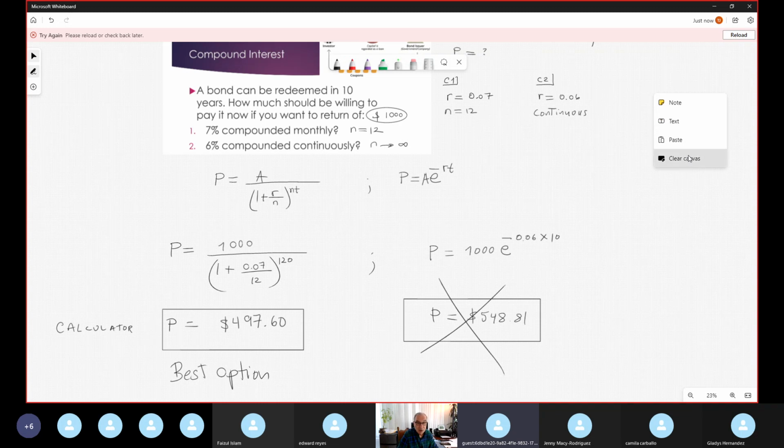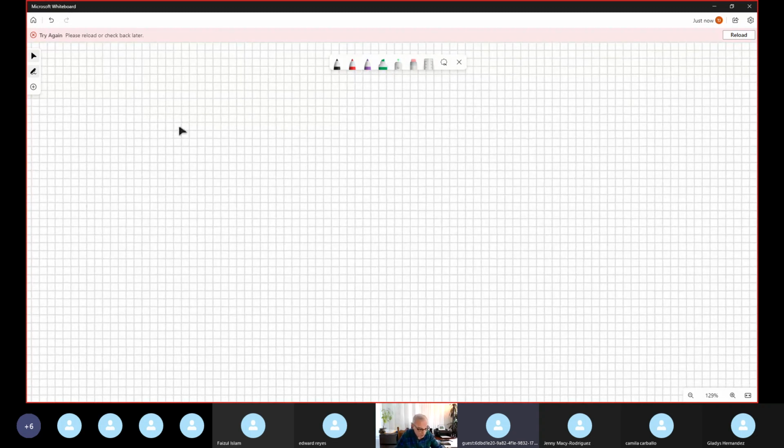Okay, cool. The first one is about exponential growth. For example, we can model exponential growth, population growth.